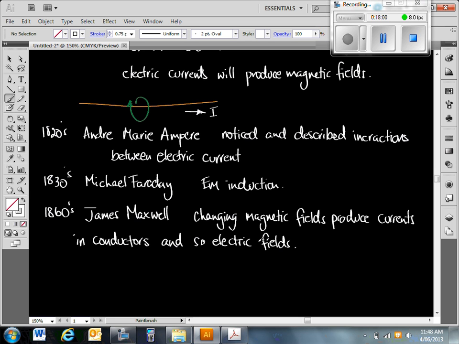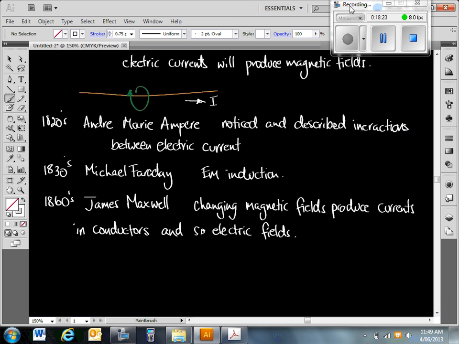He's basically, for the first time, unified magnetism, electromagnetism, and light, and shown that they're very, very closely related. It's a unified theory of electromagnetism, okay? And he described it mathematically as well. So groundbreaking.